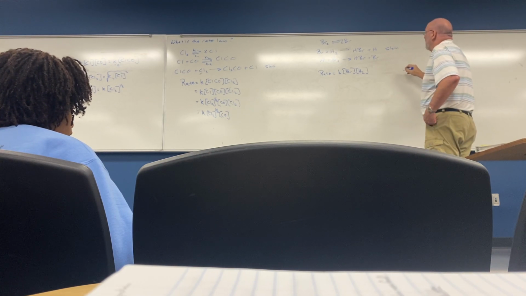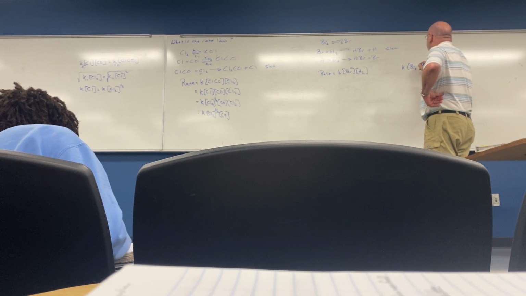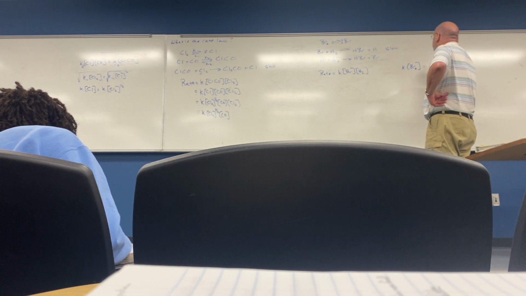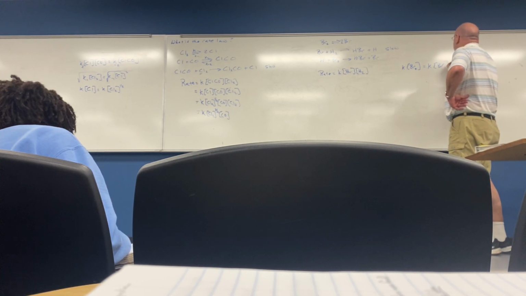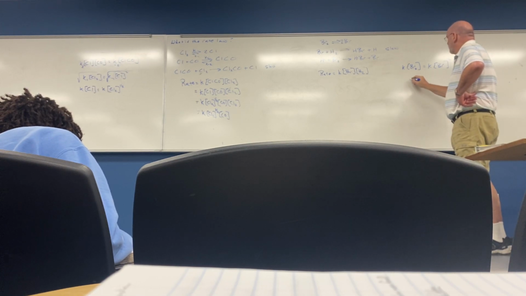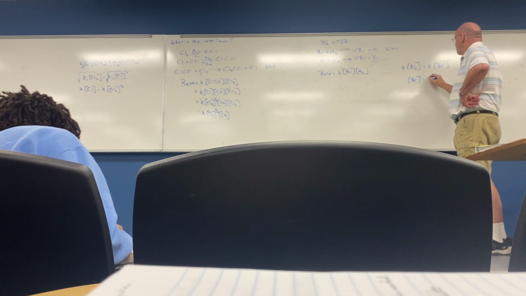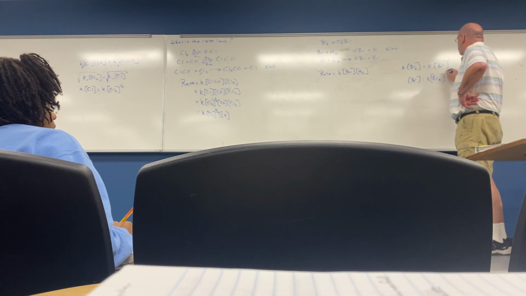So let's see, what do we know? We know that K times Br2 is equal to K times Br squared. So Br is equal to K times Br2 to the 1/2.